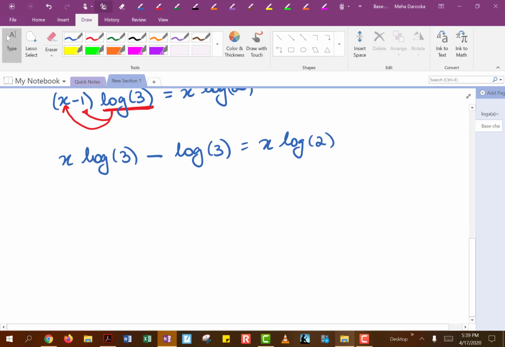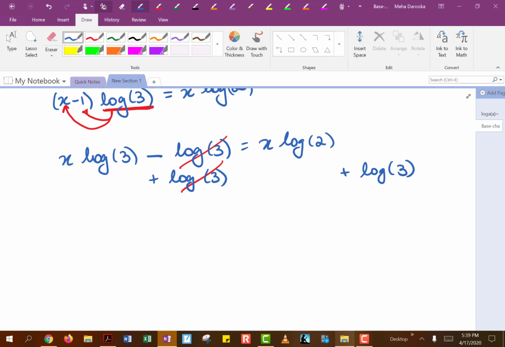Okay, so obviously now we want to get our x terms on the same side. So what I'm actually going to do first is go ahead and move that log of 3 to the other side. Okay, and then what I'm also going to do is subtract this x times log of 2 and bring it over here on our left hand side.